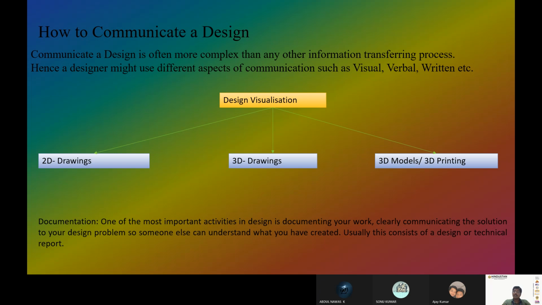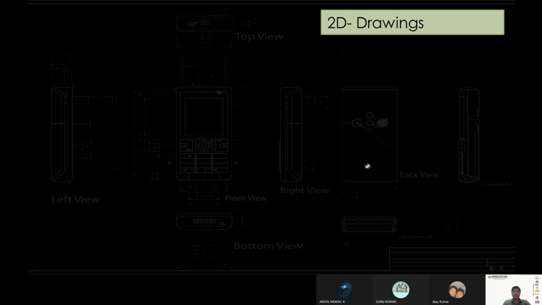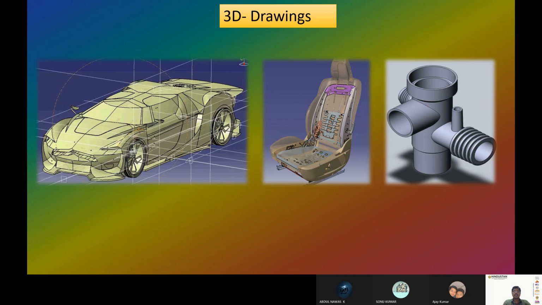Sometimes orally, sometimes visual, two-dimensional, three-dimensional, whether it is a drawing or a simulation, that also we discussed, right? And we discussed some of the two-dimensional and three-dimensional drawings and how effective these drawings are while we are studying the design, right?